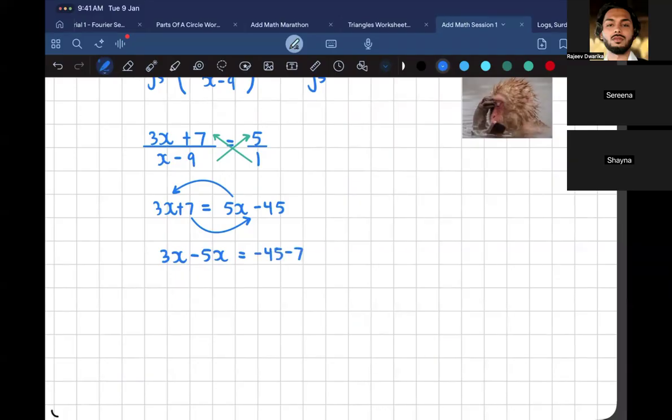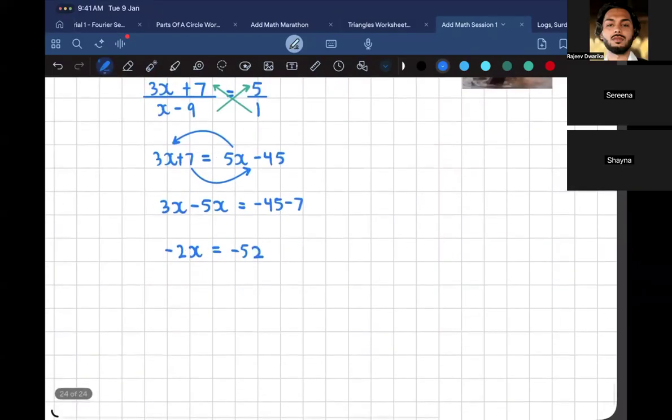Right, what is 3x minus 5x? Minus 2x. What is minus 45 minus 7? Minus 52. Right, I want to find for 1x. So what could I do? Divide both sides by minus 2. Another way to think about it is you're moving the minus 2 across the equal sign.